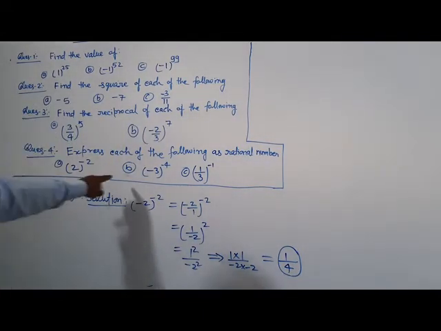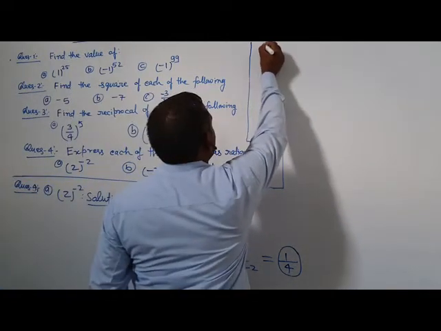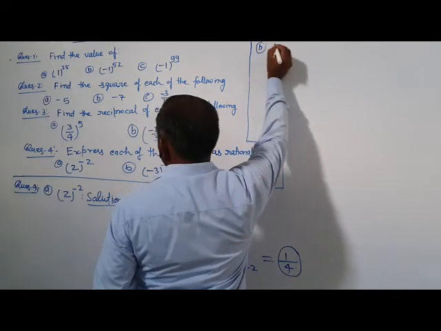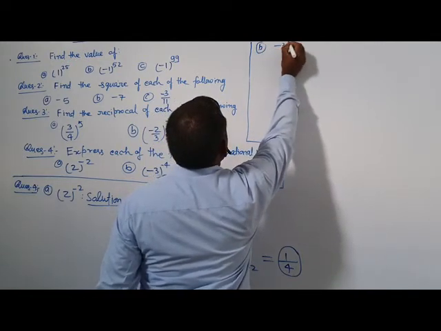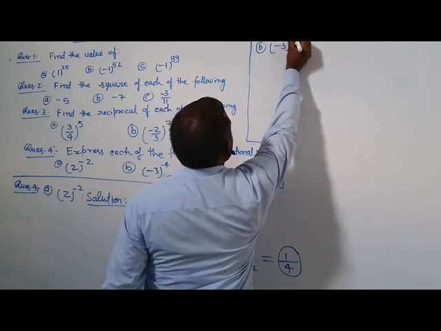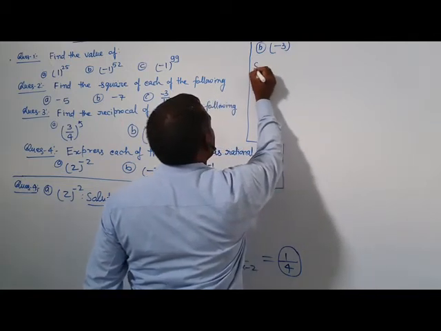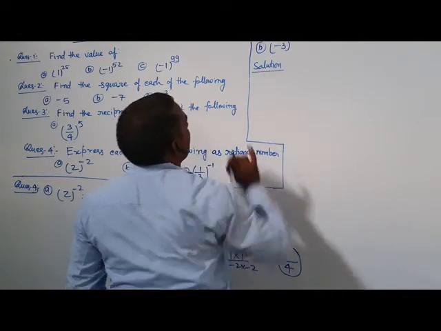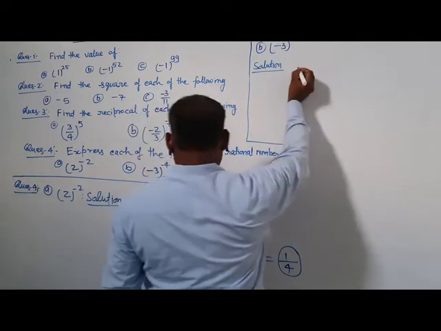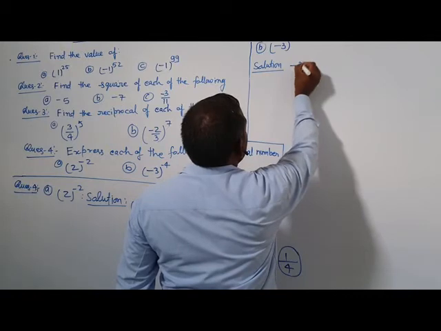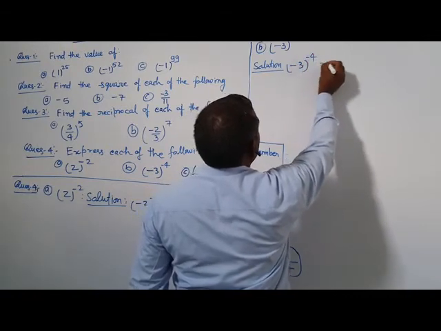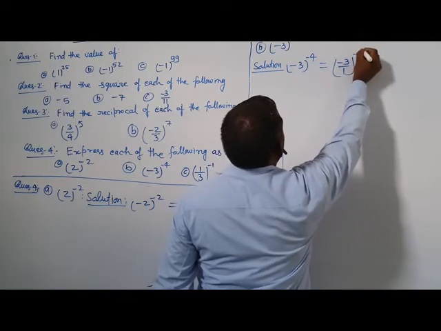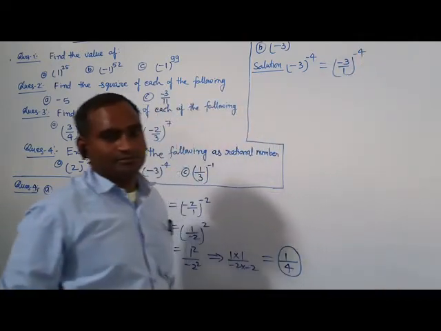Now solve question B. B is minus 3 raised to the power minus 4. Solution. Here we can write minus 3 raised to the power minus 4 as minus 3 by 1 raised to the power minus 4.